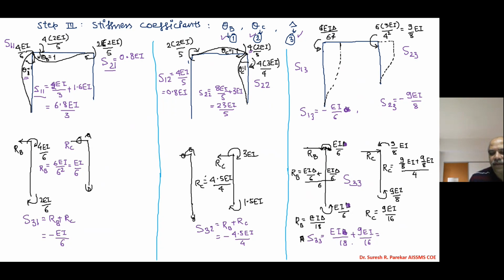And then from this, we will have 9, 9, then we have 8, 72, so 144. So we have 8 over here, and we have 9 over here. 9 nines are 81 plus 8, so we have 87 EI by 40.